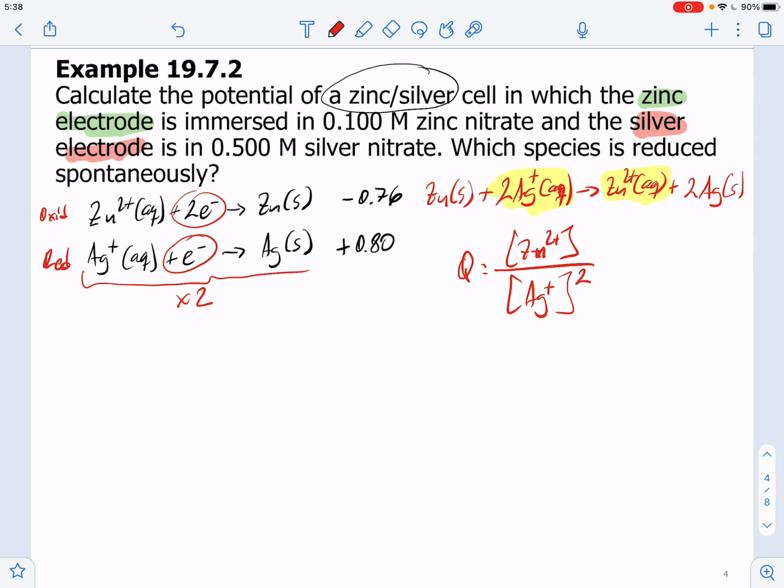The concentration of zinc is 0.100 and the concentration of silver is 0.100, raised to the power of 2. That means Q here is equal to 0.400.